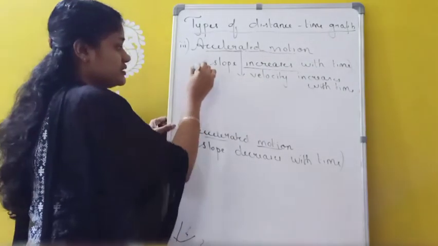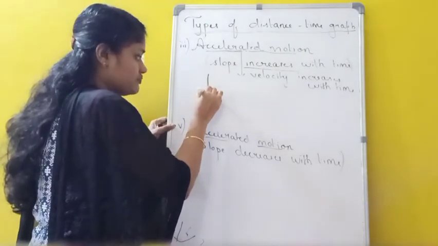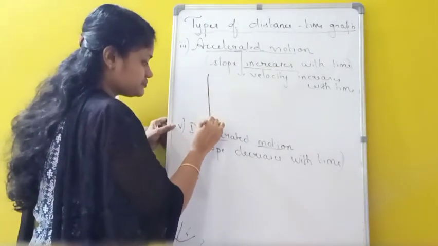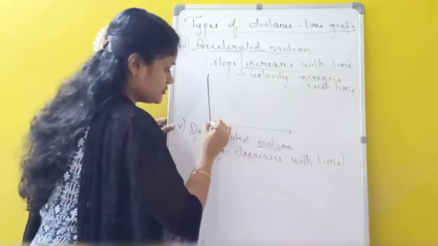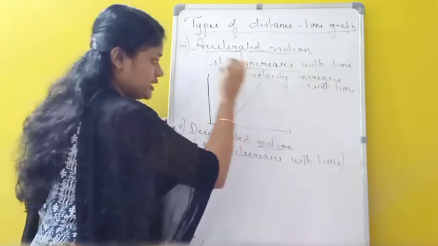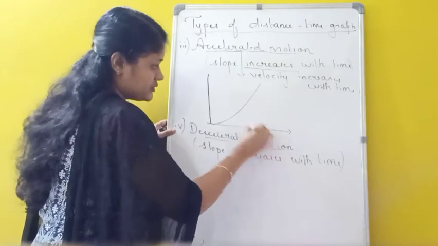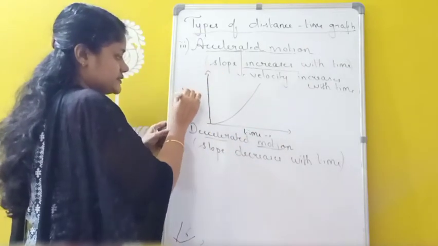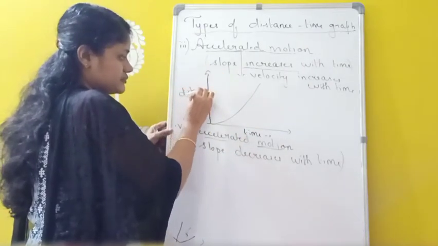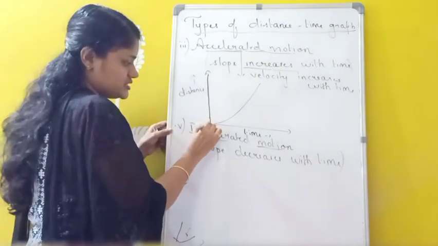So here the graph will be in the shape of an upward parabola. The graph will be like this, an upward parabola. Here we are taking time and here we are taking distance, and this is the origin.